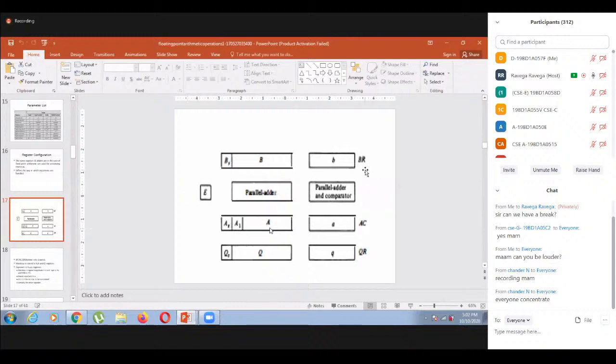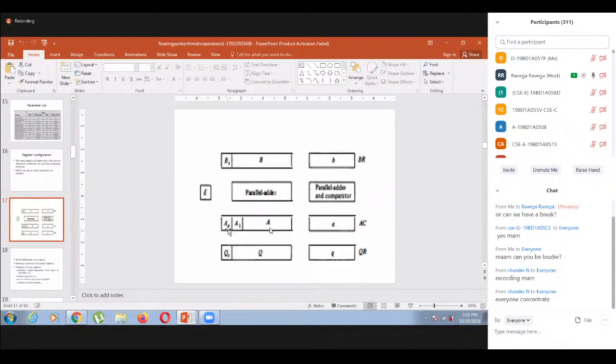After performing the addition or subtraction, the result will be stored in the AC register. This AC register contains two parts. The first one is the capital A, the mantissa part, and the small a is the exponent part. The capital A again contains two subparts.